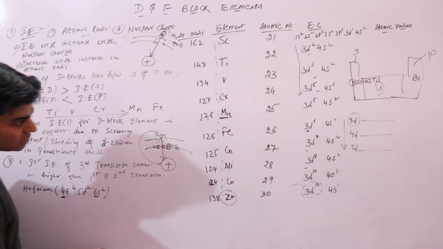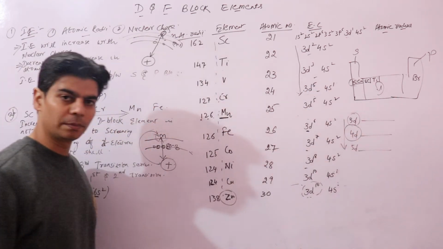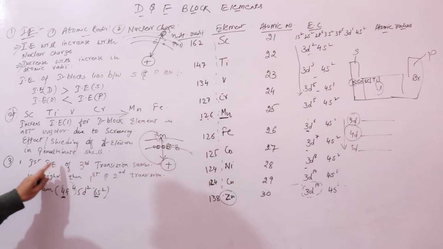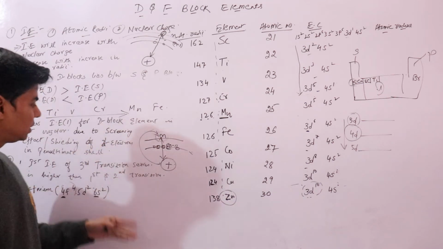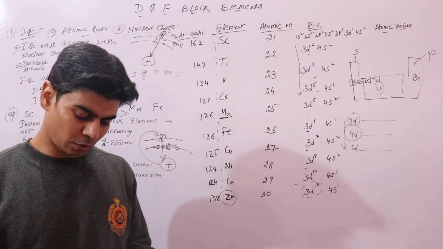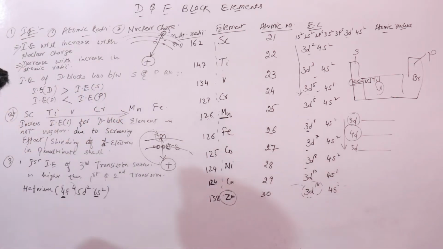So in the second transition series, you have d orbitals, and here we have discussed that the increase in ionization enthalpy is not very regular, right? The increase in ionization enthalpy will slow down due to the shielding effect of d electrons.